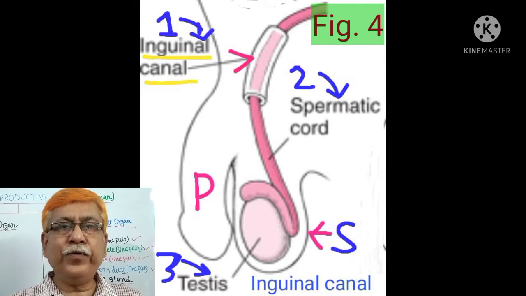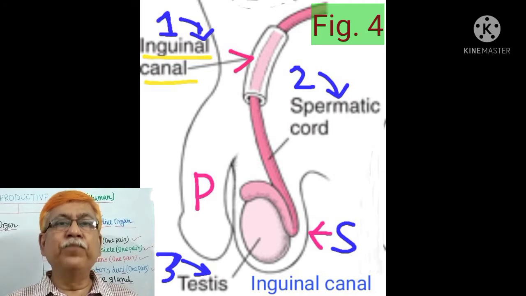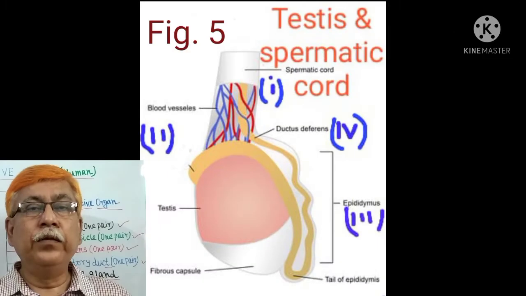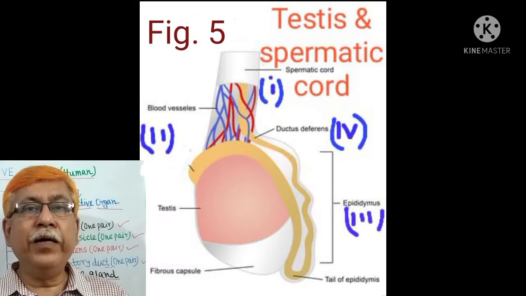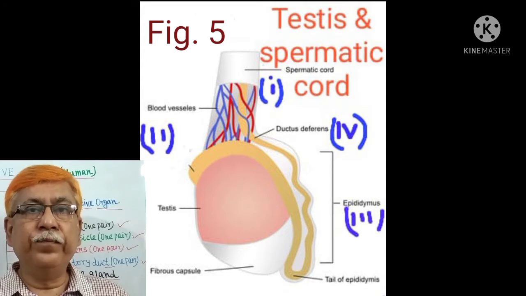Here you try to understand the relative position of number 1, inguinal canal, number 2, spermatic cord, number 3, testis. Scrotum is marked as capital S, penis is marked as capital P. There are 2 spermatic cords, one leading from each testis.